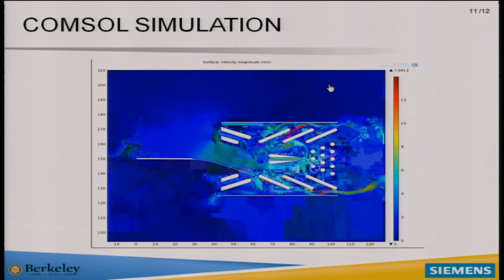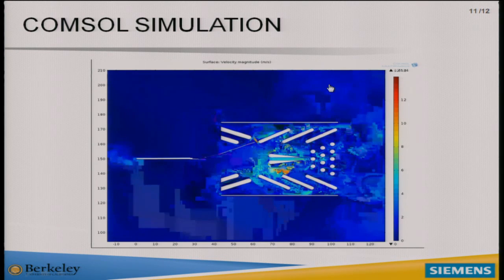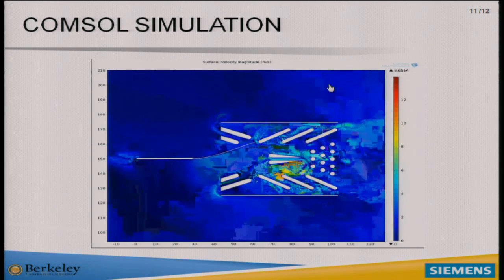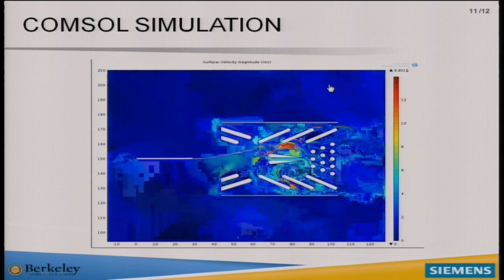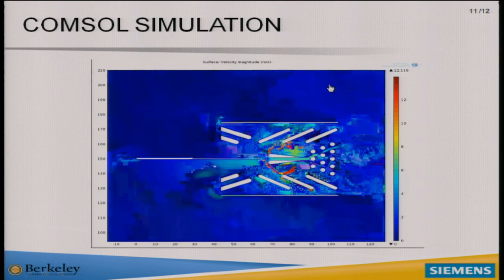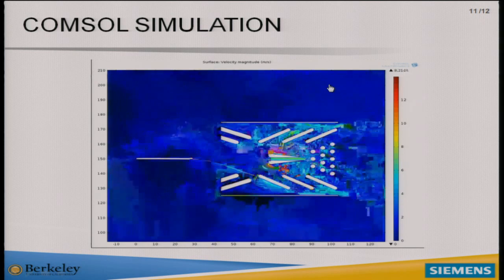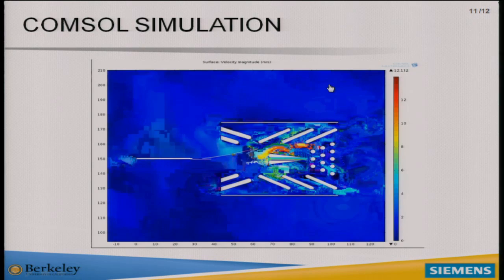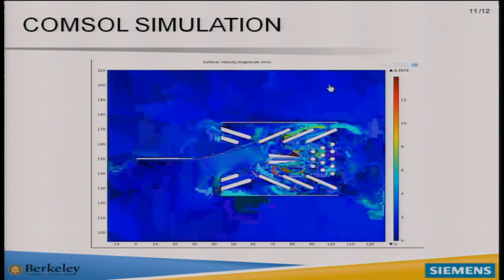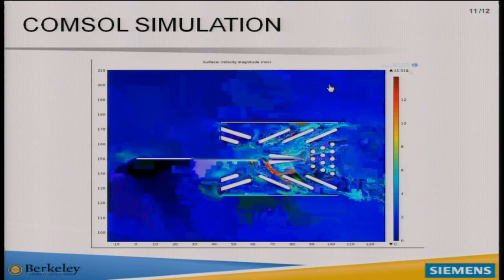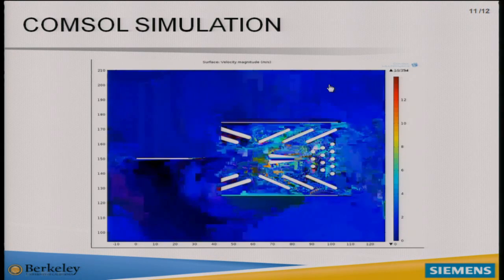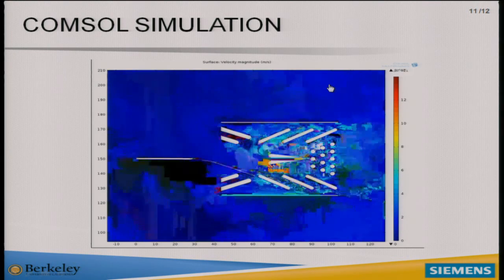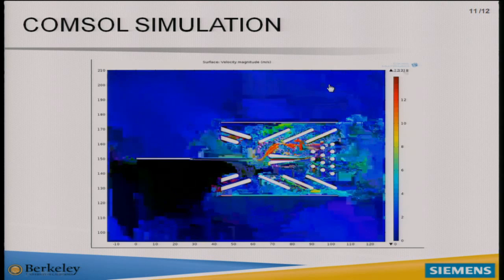Unfortunately, with 2D simulation, while you can get some nice images of the flow profile through different heat sinks and structures, it's very limiting. It's very computationally intensive. So we actually began iterating certain heat sink designs and measuring them experimentally.